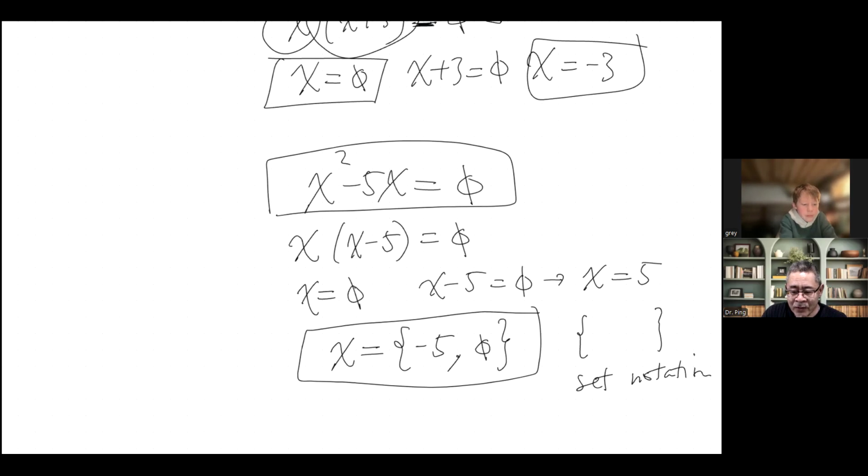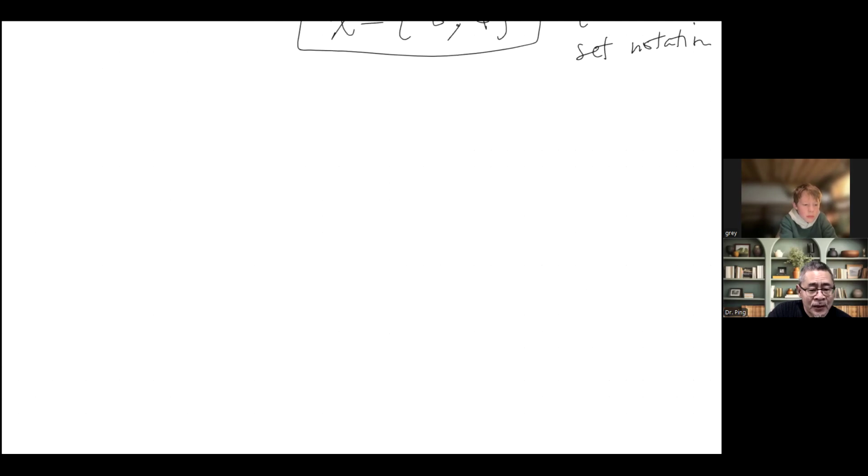Okay. Now I'll give you a couple to practice on. x squared minus 4x equal to 0, and see what you got. What will be the solution for this?